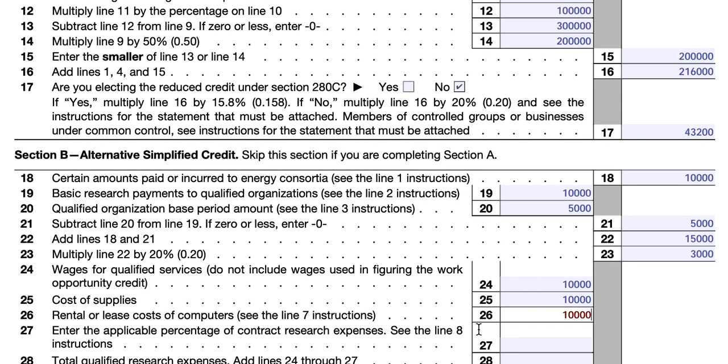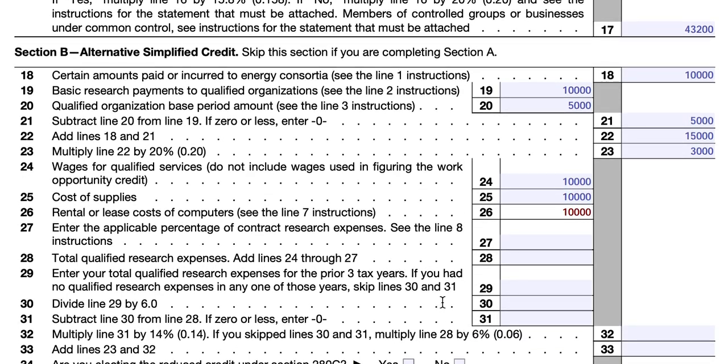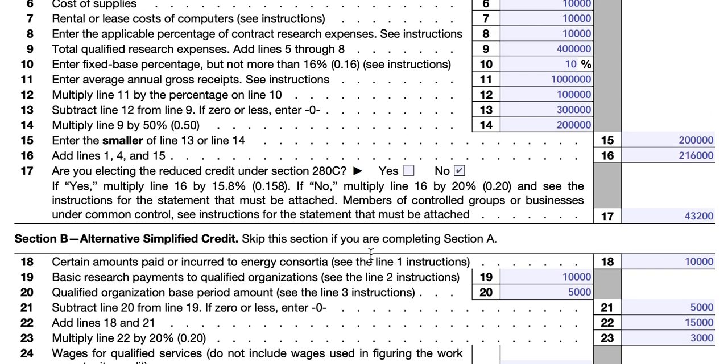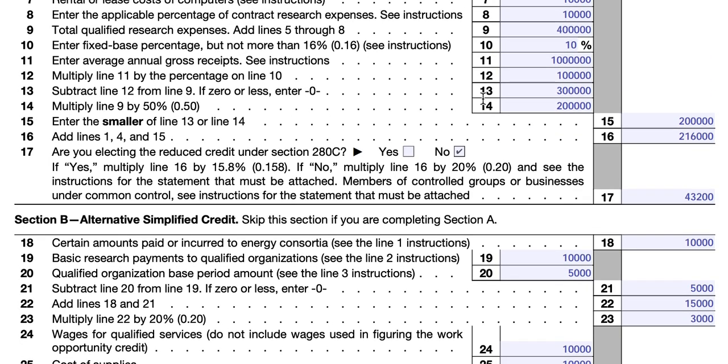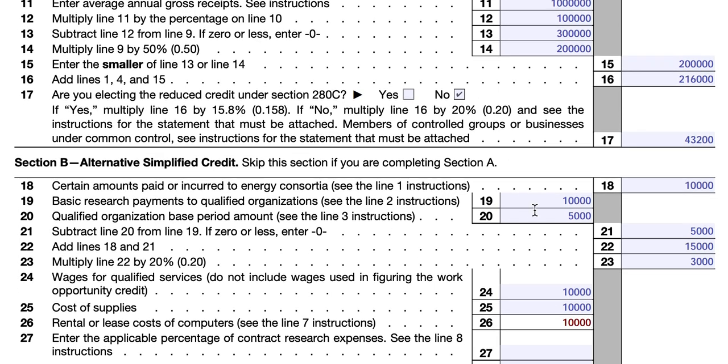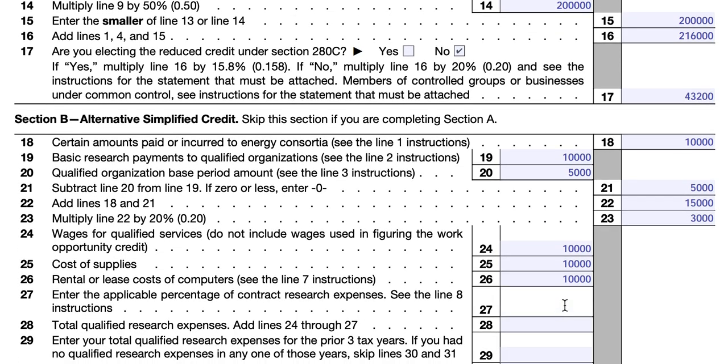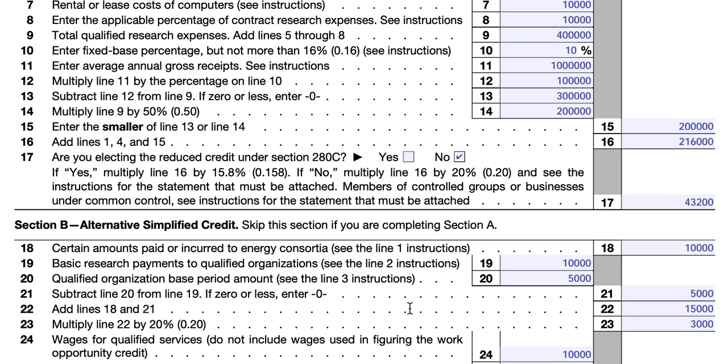So in line 27, you'll need to see the line 8 instructions for the applicable percentage of contract research expenses. So in line 8, we had $10,000. We're going to put $10,000 here. We're going to add lines 24 through 27 and come up with our $40,000 of total qualified research expenses.